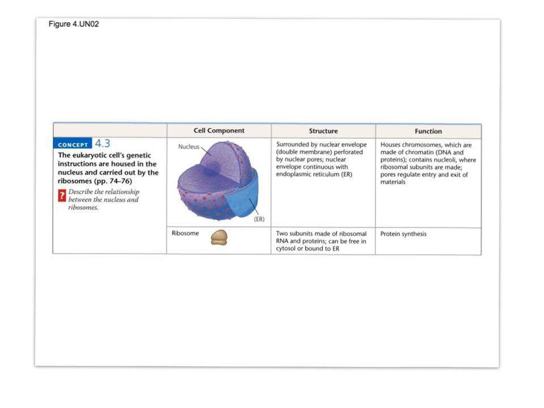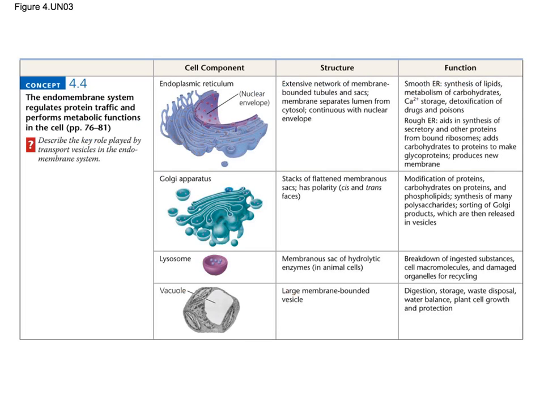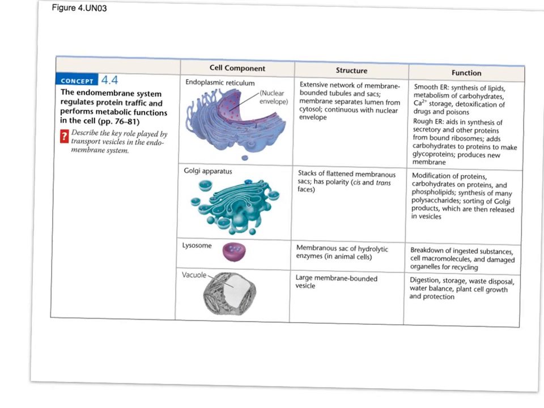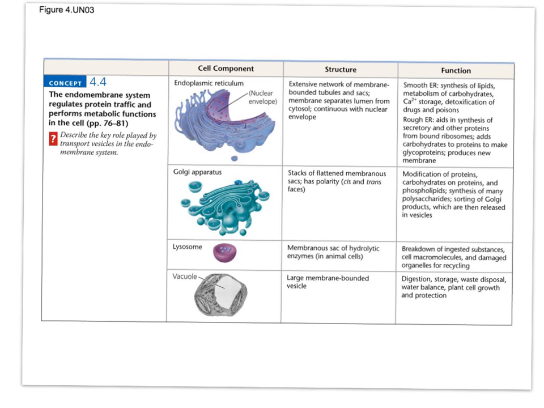Now, I told you about the chart at the end of the chapter. Okay, that's important for your structures. And this is not a complete chart. Right? You have your nucleus. You should look at that. You also have the different parts of the endomembrane system that you were responsible for.